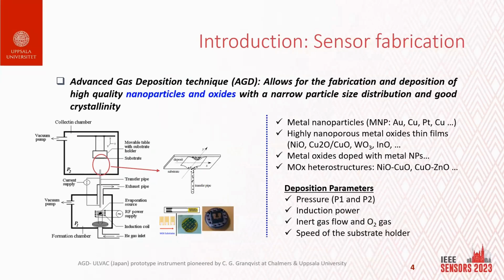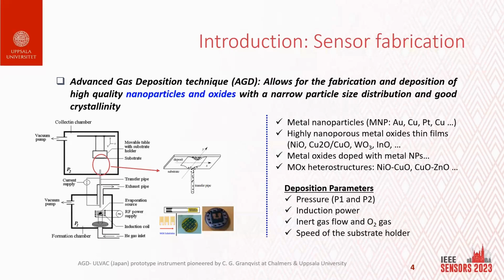When fabricating metal oxides for sensor materials, we mostly use chemical vapor deposition or other chemical synthesis developments, as well as physical vapor deposition methods. But in our case, we use an advanced gas deposition technique, which allows us to fabricate sensor arrays of different thicknesses, porosities, and levels of purity.